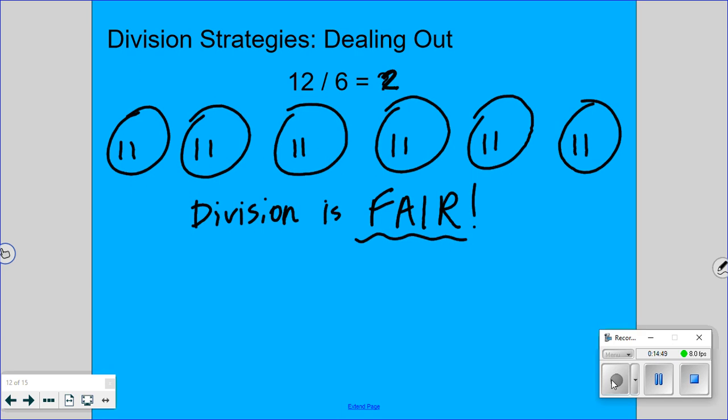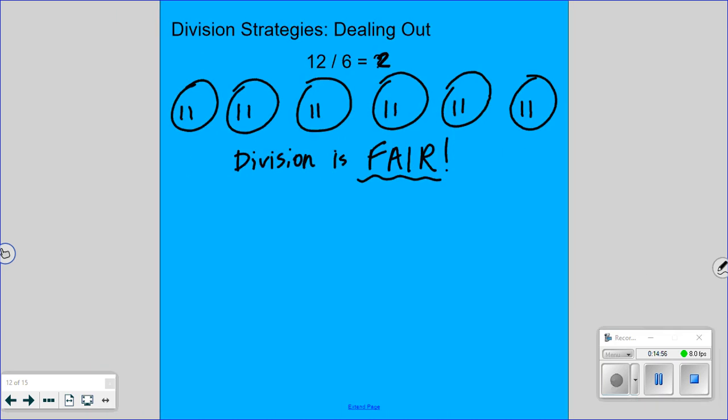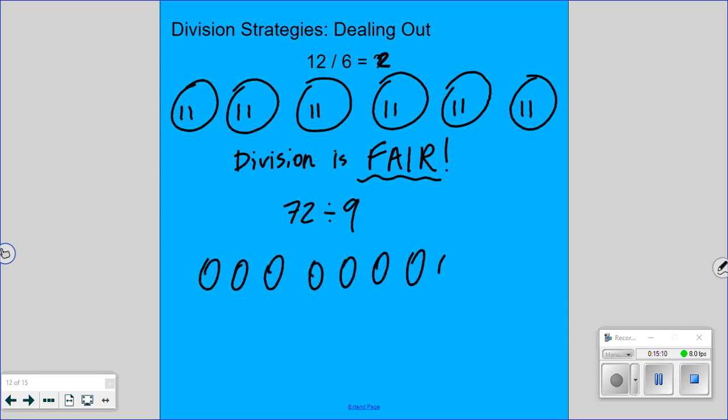12 divided by 6 is not a very large number. But if you have a large number, let's pretend you've got, actually we're going to do this one. 72 divided by 9. That's a lot of stuff. When you're dealing out, you can skip count.